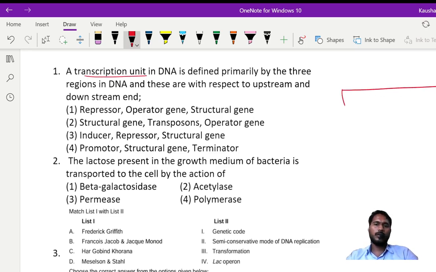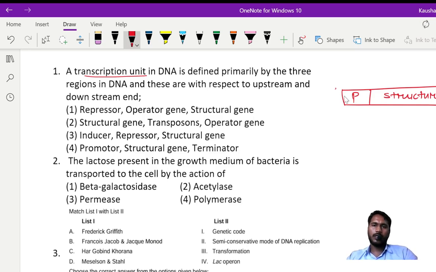Whenever I talk about the transcription unit, there should be one promoter which will promote the transcription. Then there should be some gene which is going to produce the RNA, and then there should be one terminator. This is the ideal thing.